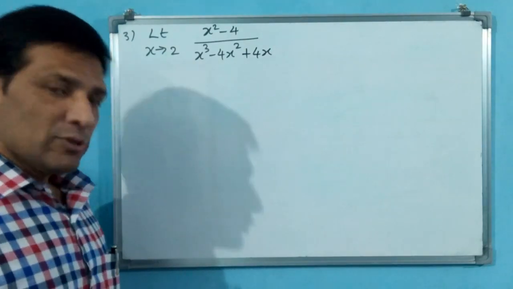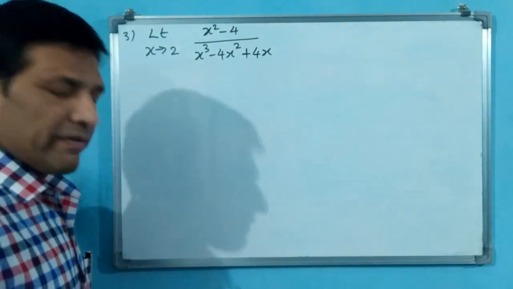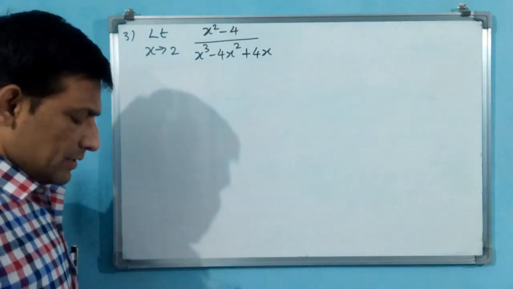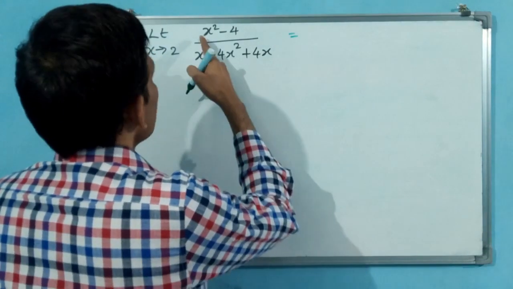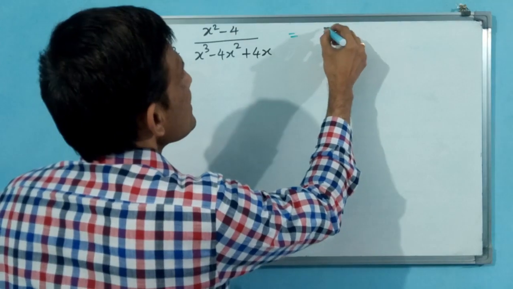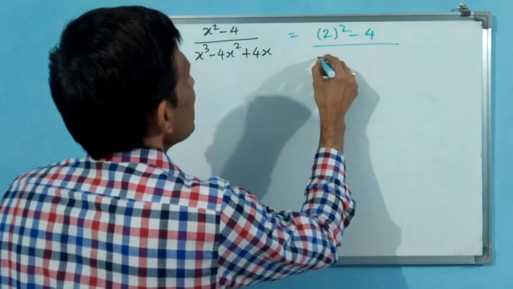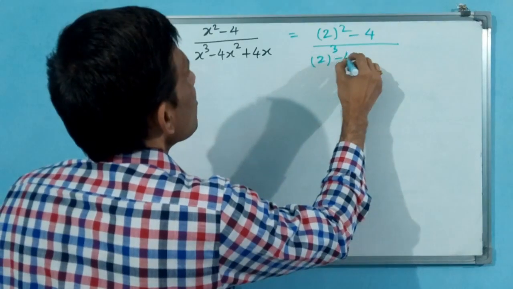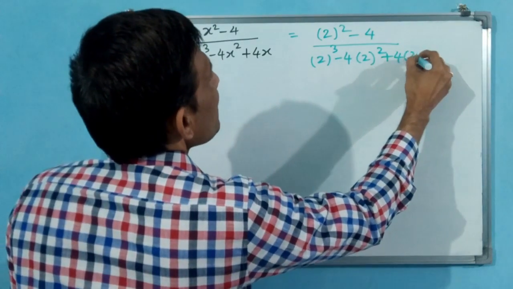As usual, I am substituting. You see what will happen? I am substituting like a function. That is equal to 2 square minus 4 divided by 2 cube minus 4 into 2 square plus 4 into 2.